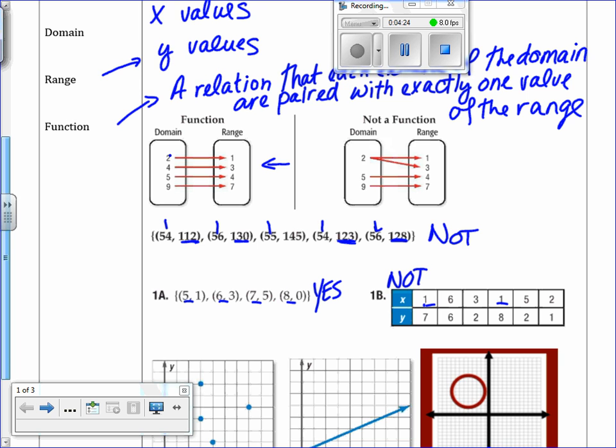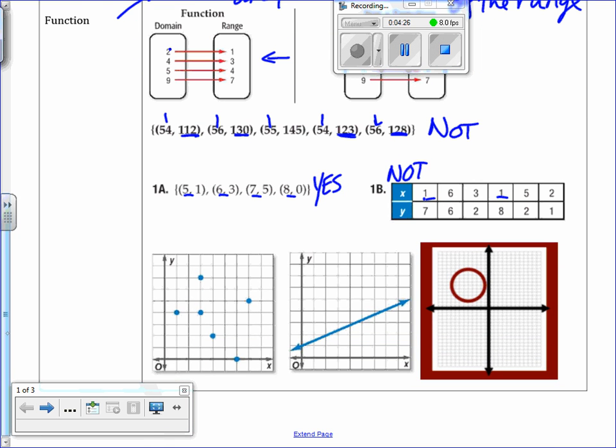Okay, our functions can also be represented in graphs, and we can look at this graph. I'm looking at this x value. It only has 1 point above it. This x value happens to have 2 points above it. Because of that, I would say no, this is not a function.